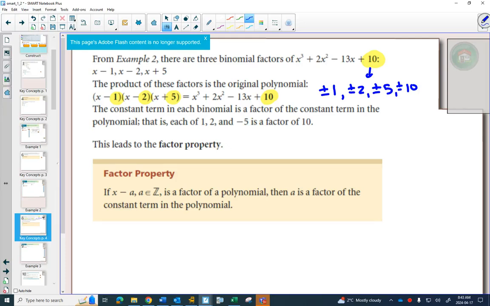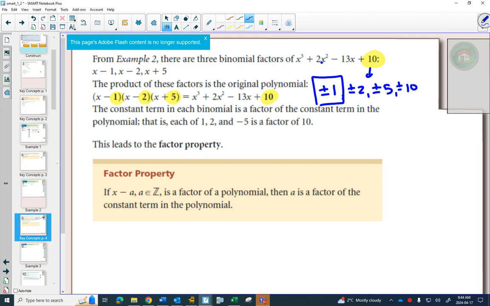So usually I start with the remainder theorem with 1 and negative 1 because that's the easiest mental math. If they don't work, usually synthetic division is better after that. But in this case, if I plug in positive 1, 1 plus 2 minus 13 plus 10, perfect, it works.